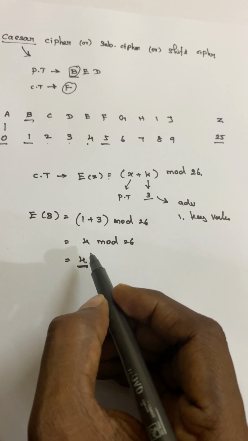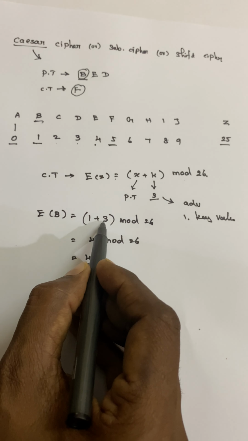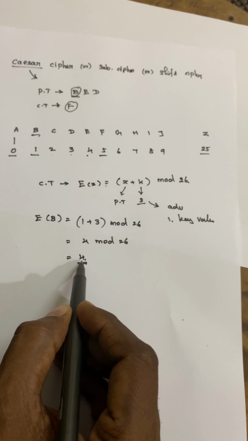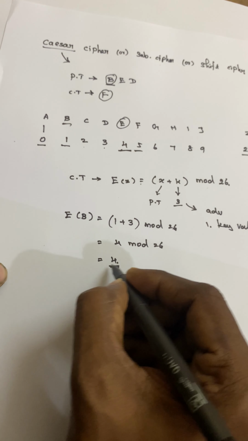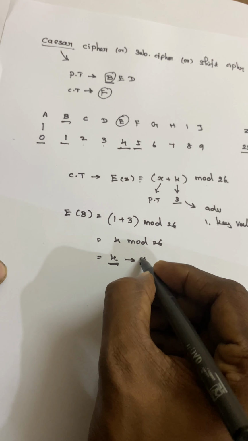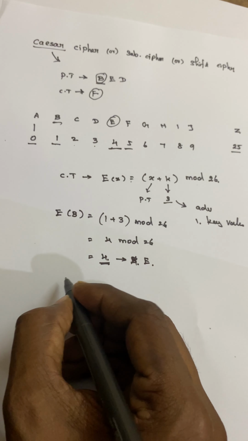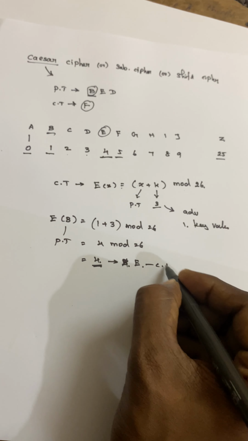Okay, now here the B value is 1 and the key value is 3. We got the value 4. What is the letter for 4? That is E. Our ciphertext will be E. So this is the method, this is our plain text, this is our ciphertext.